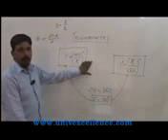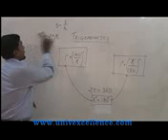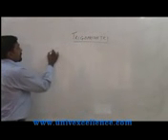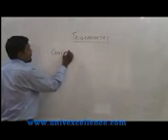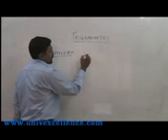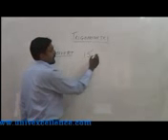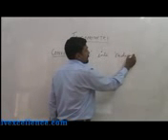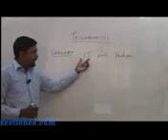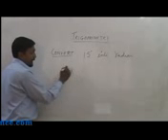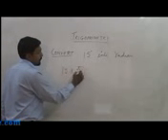Let's take one example based on these two. Question is, convert 15 degree into radian measure. What we do? 15 multiplied by pi upon 180.